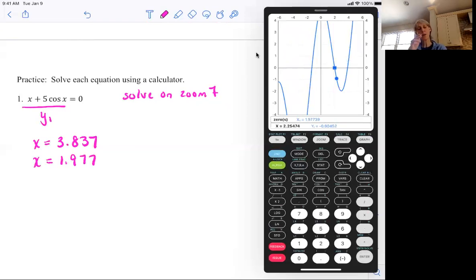Okay, and notice I'm going out 3 places. And remember, this actual answer is radian measure. So 1.977 would be whatever that would equate to in degree measure. Probably about, what, 60 times 2, about 120 degrees, give or take.